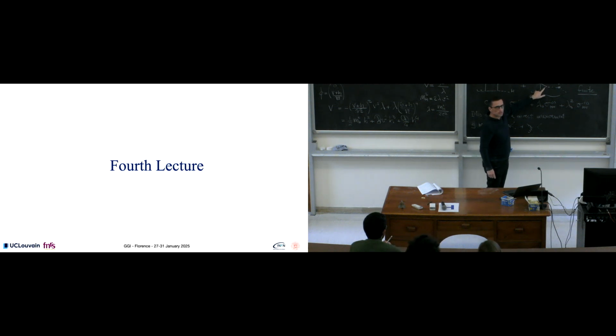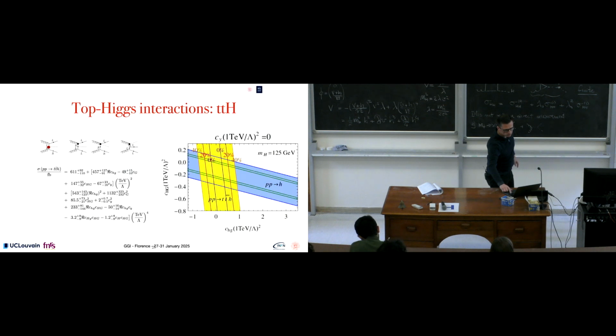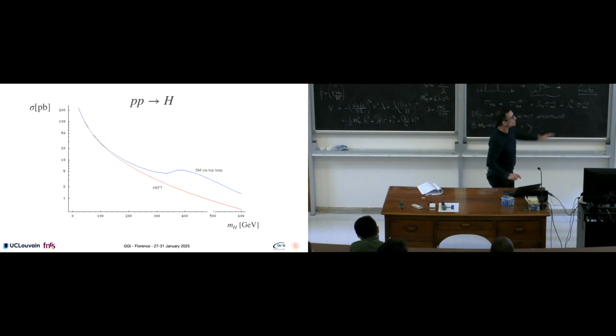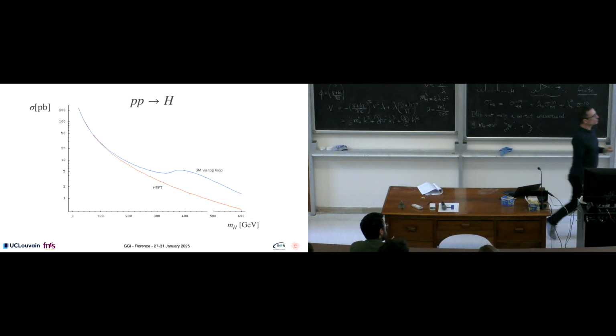Second, remember that this works okay in the region where the Higgs mass is smaller than the top mass, right? But this is not a Higgs on shell. This is a Higgs off shell. So for this Higgs, actually, this plot, instead of putting the mass of the Higgs here, I put the virtuality of this Higgs, Q squared.